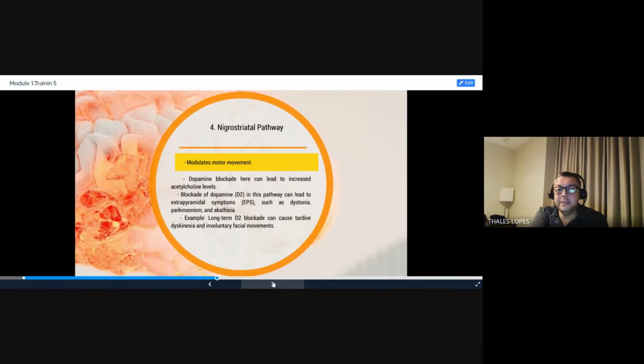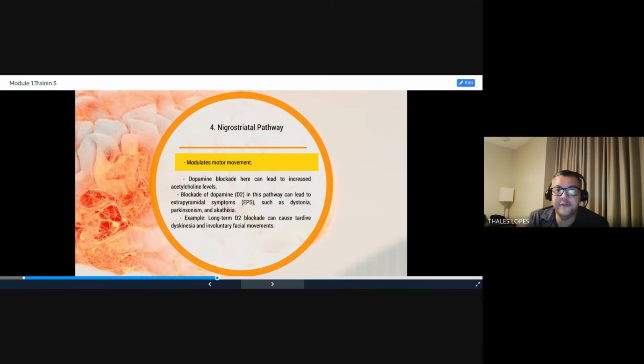When it comes to the nigrostriatal pathway, the basal ganglia that we covered earlier, we said it's all about movement. So the nigrostriatal pathway, which is our third pathway, is about movement. The dopamine blockade can lead to an increase in acetylcholine.